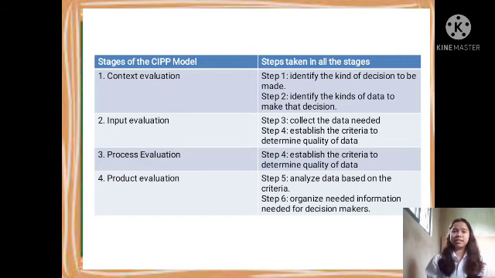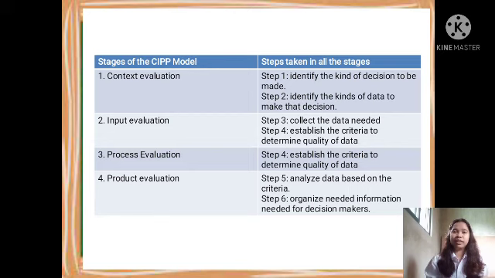So the step taken, first step is identify the kind of decision to be made. So second step is identify the kinds of data to make the decisions. So second stage of the CIPP model is input evaluation. The third step is collect the data needed.